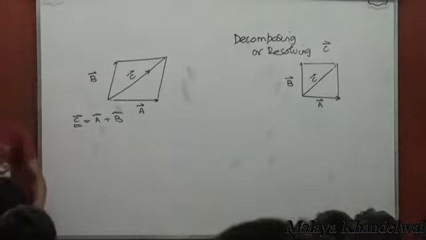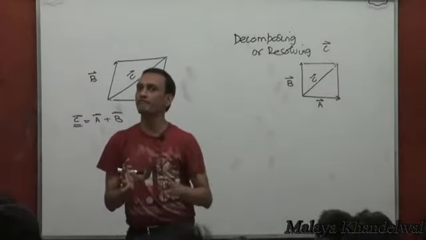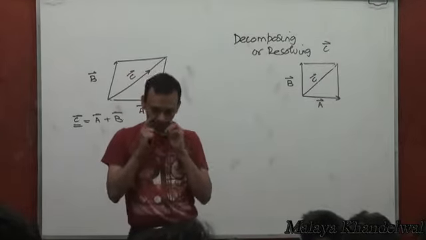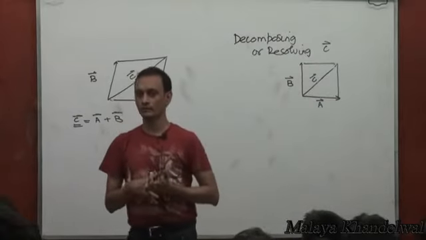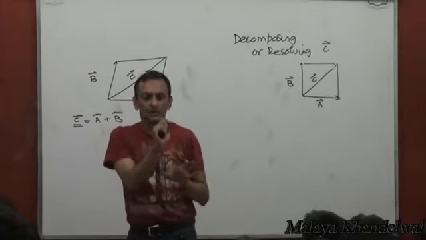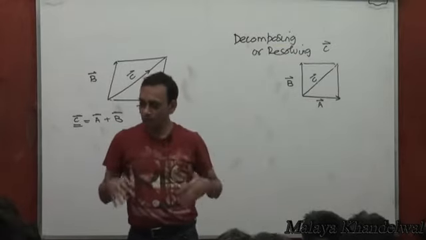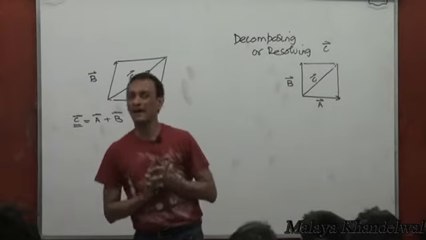Now, the process of decomposing the vector C, the process of finding the parallelogram, could be narrowed a bit. In the sense, I might stipulate conditions on how to find the parallelogram.